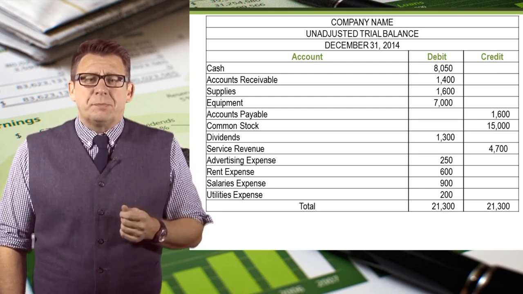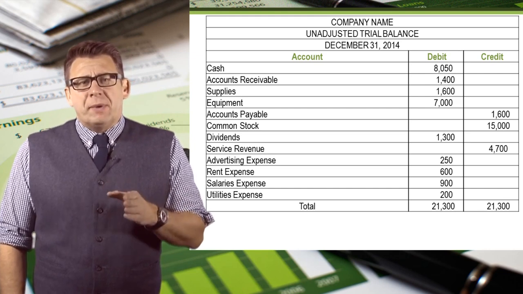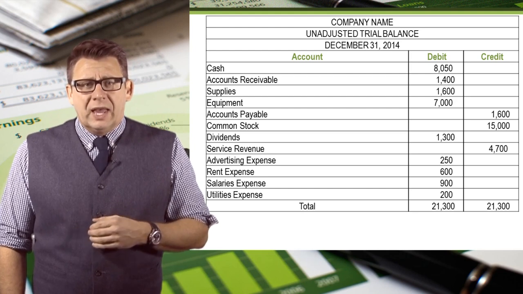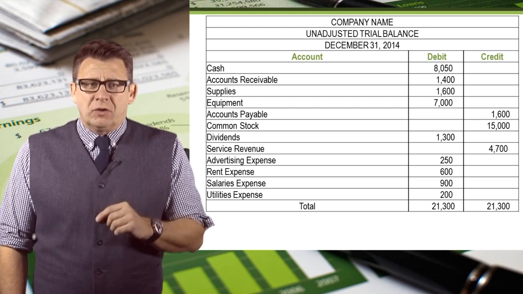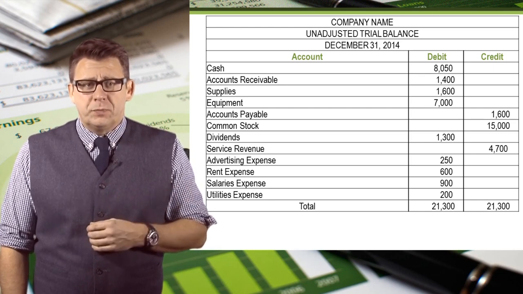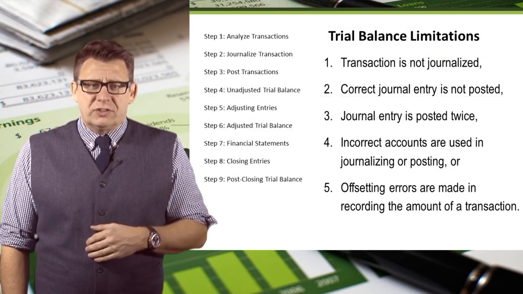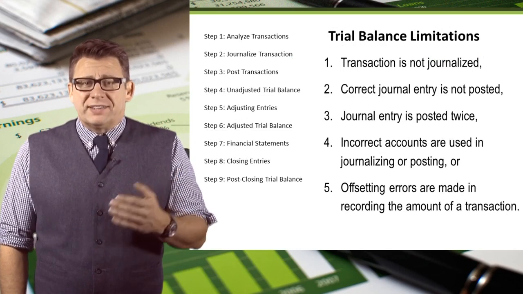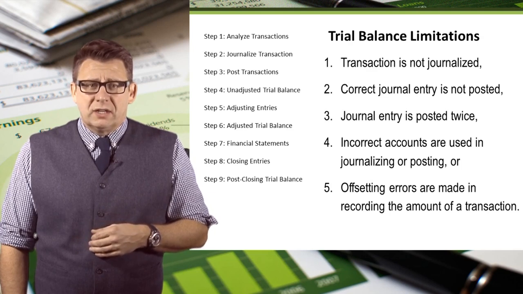For example, look at the supplies balance. That balance has likely come from the purchase of supplies during the month. However, it may not be the amount of supplies on hand at the end of the month if we've used some of them.